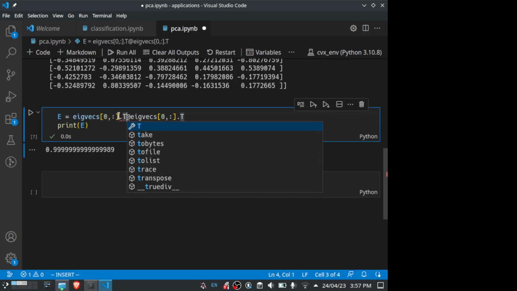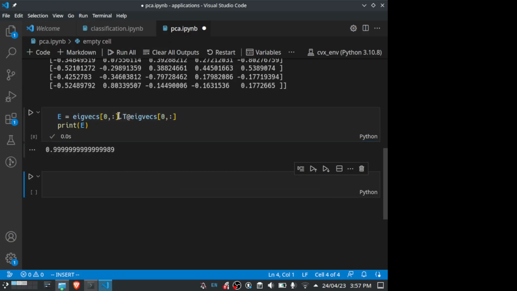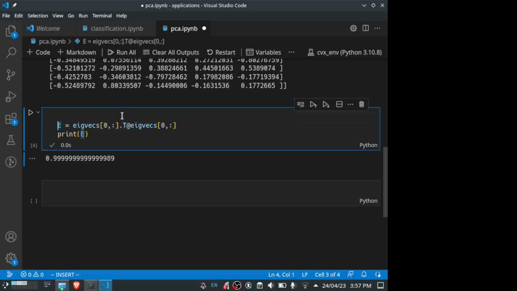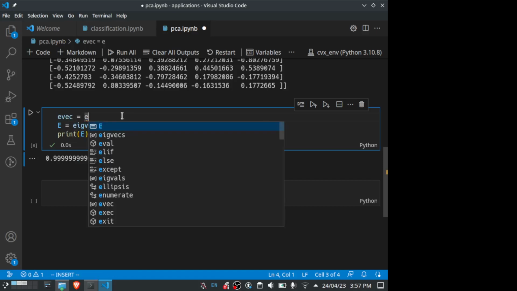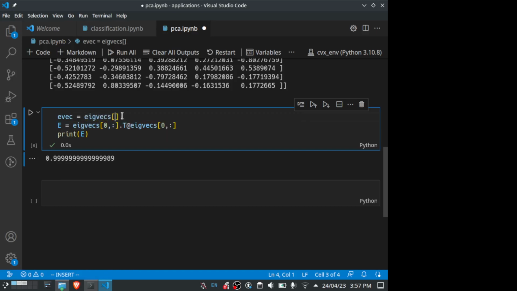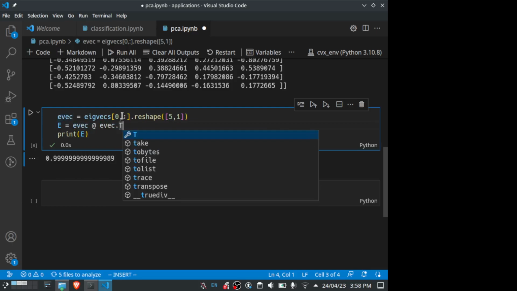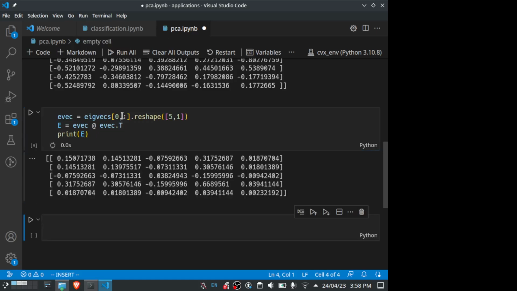I'll have to reshape this. So this is the true V star transpose.